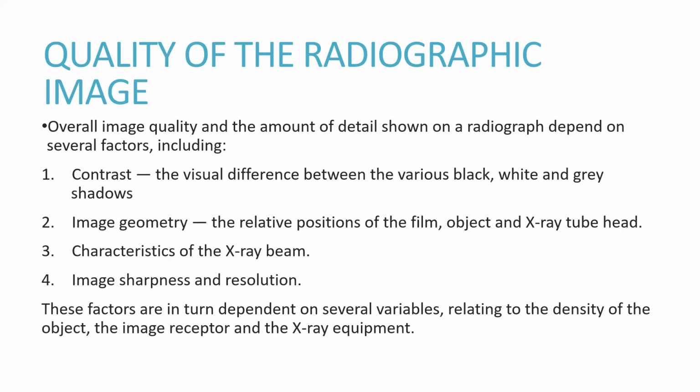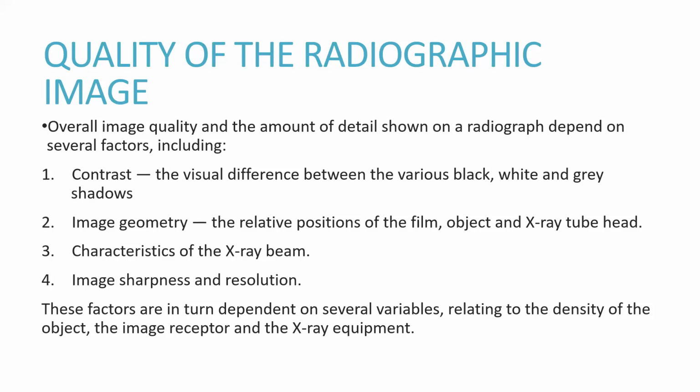We can have blurred images due to movement, or we can have other errors occurring, and there's a lot which will occur if you make certain errors. And obviously you need to know which error was made so that you can do the right thing afterwards. Now, the third is the characteristics of the X-ray beam.